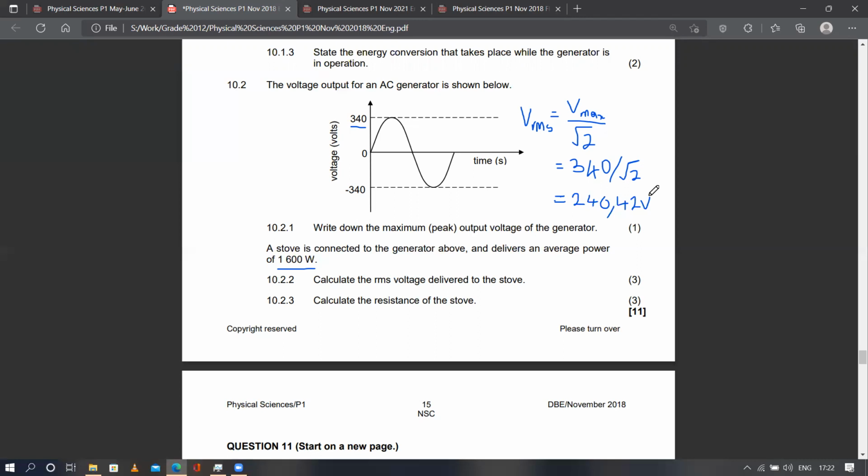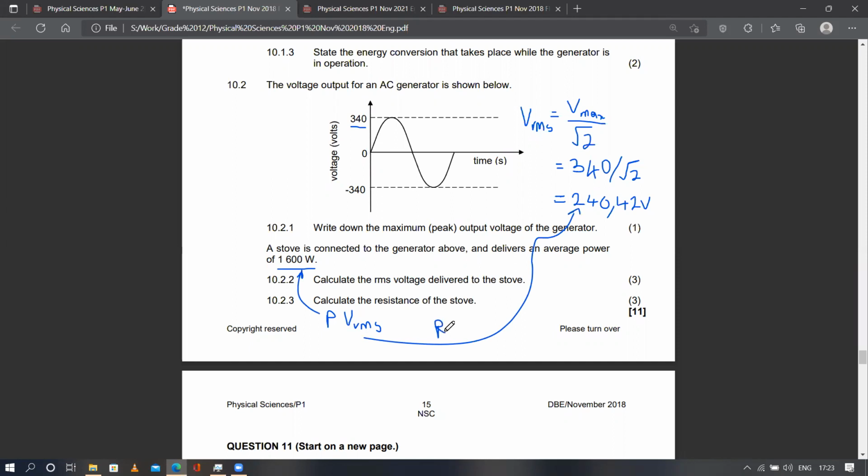Now they say calculate the resistance of the stove. You have the power, and now you've got the root mean square voltage, and they want you to find the resistance.